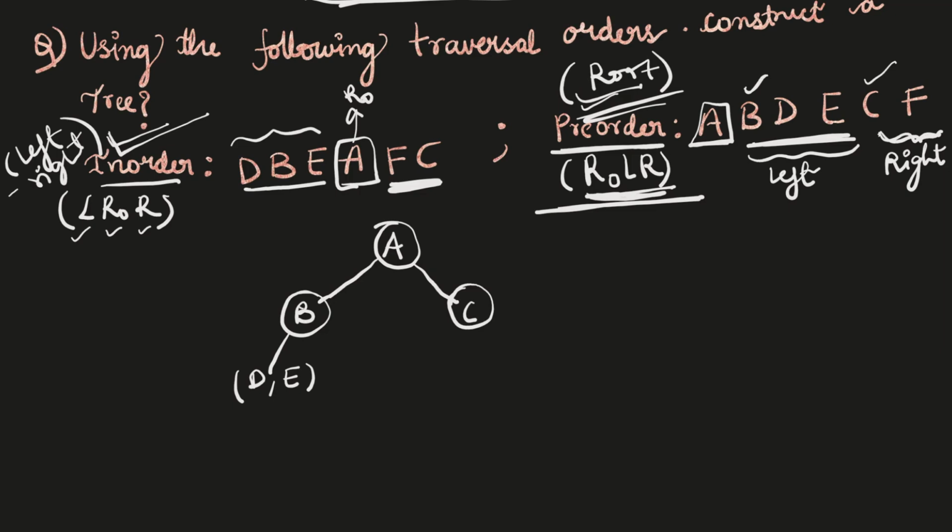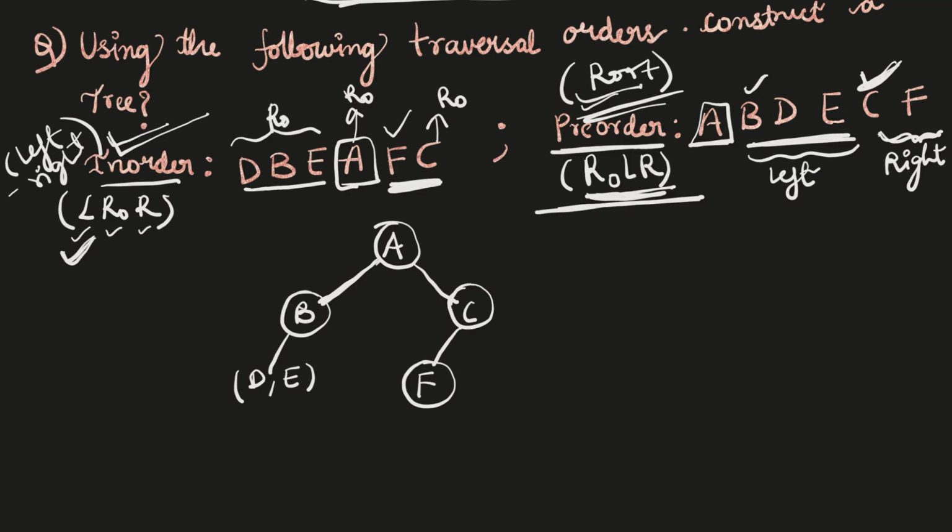So coming to C, we have got that from pre-order C is the root element. Now coming to the in order, if you have found that this is the root, what is the left side of root in order? It is obviously the left part. So it says that F lies left to C. Now coming to the left part of A. Since we have found that B is the root, so let's mark it in the in order.